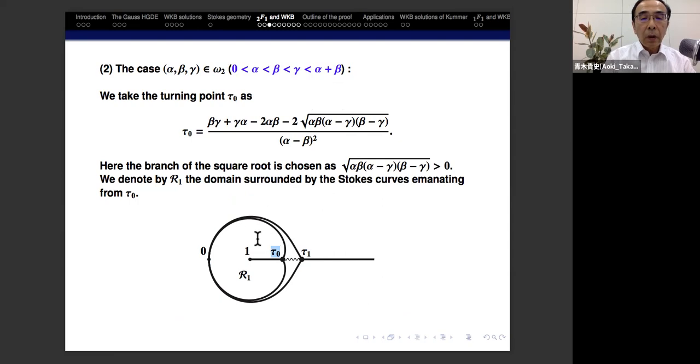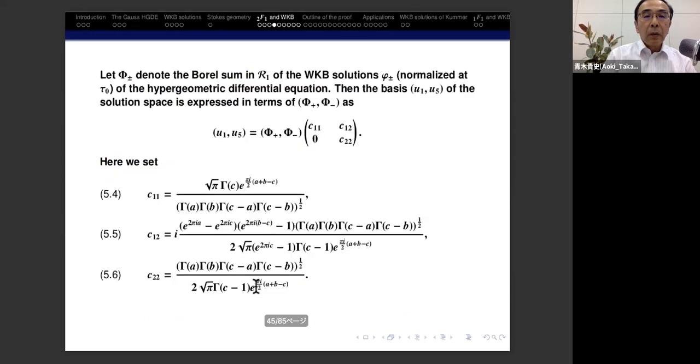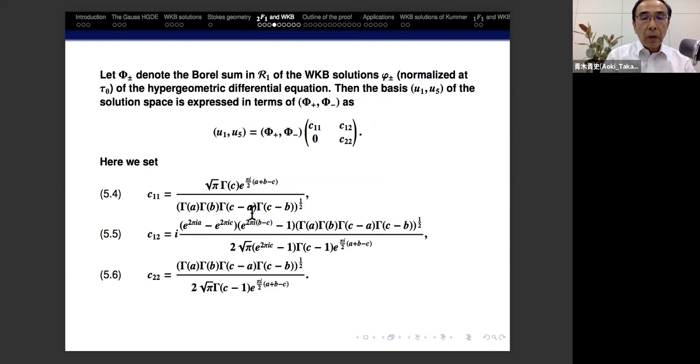And R1, you take R1 as this domain. Then we have such a relation. All the coefficients are explicitly written in terms of gamma function and exponential function.